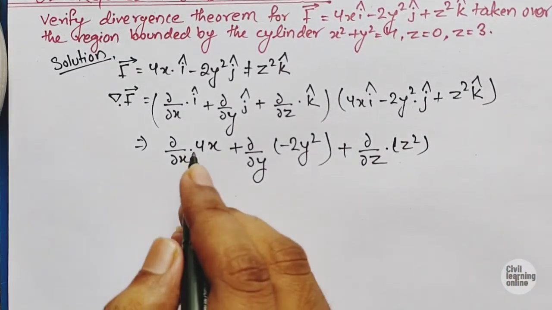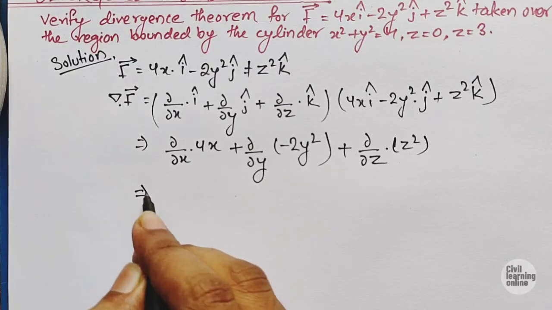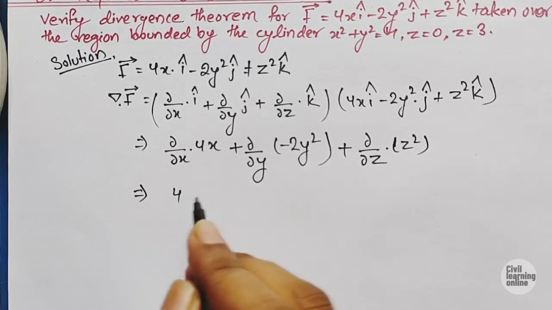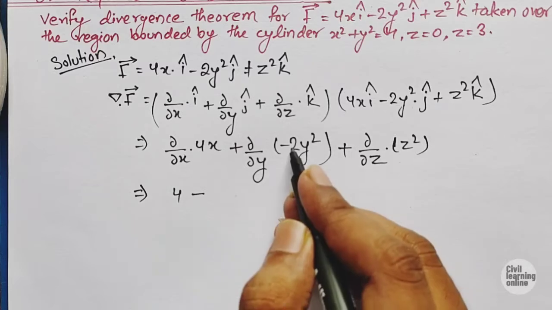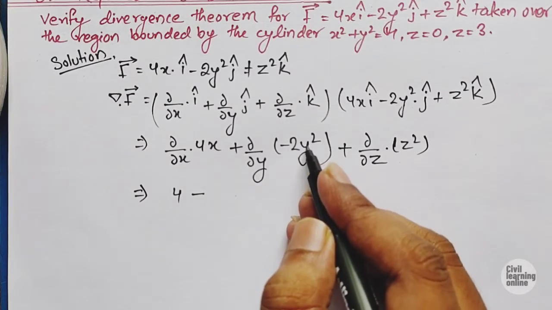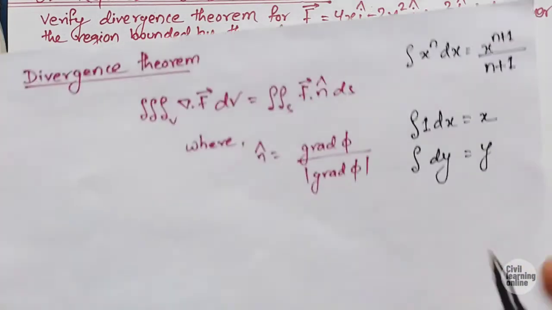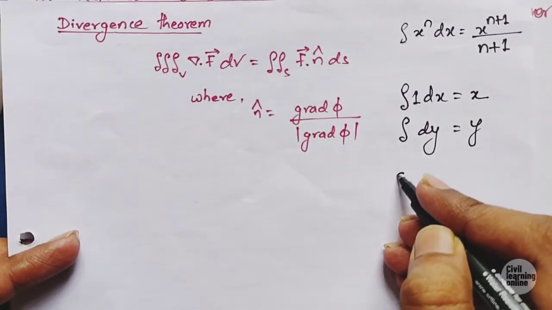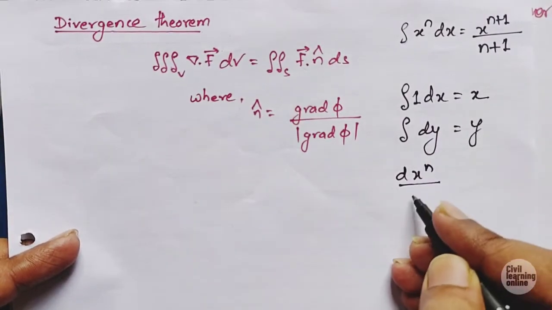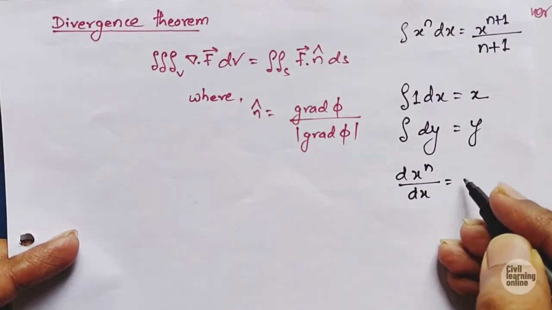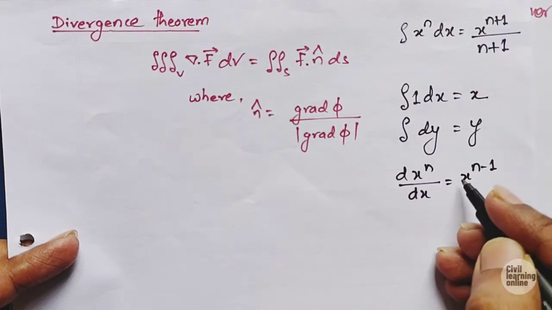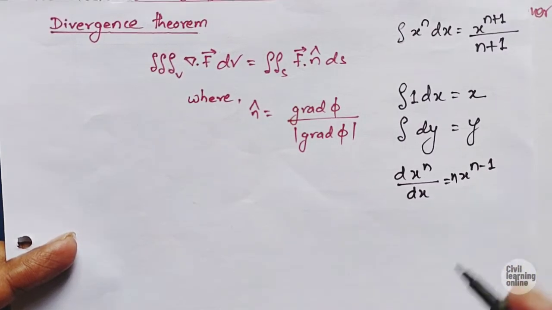Now the derivative with respect to x, we will get 4, minus 2 multiplied by the derivative of y square. We know that the derivative of x to the power n with respect to x will be n times x to the power n minus 1.